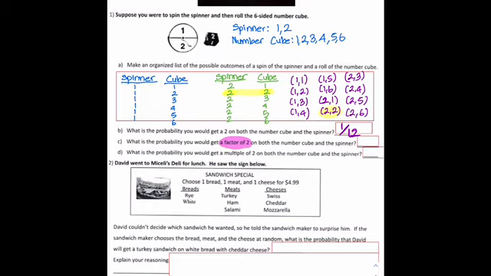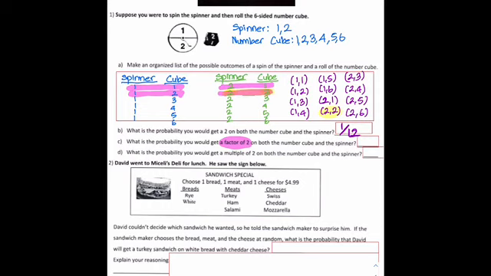Then let's look at our list to see which outcomes we can highlight to get factors of 2 on both the number cube and the spinner. I see from the table 1, 1, and I see 1, 2. Also, I see 2, 2 and 2, 1.